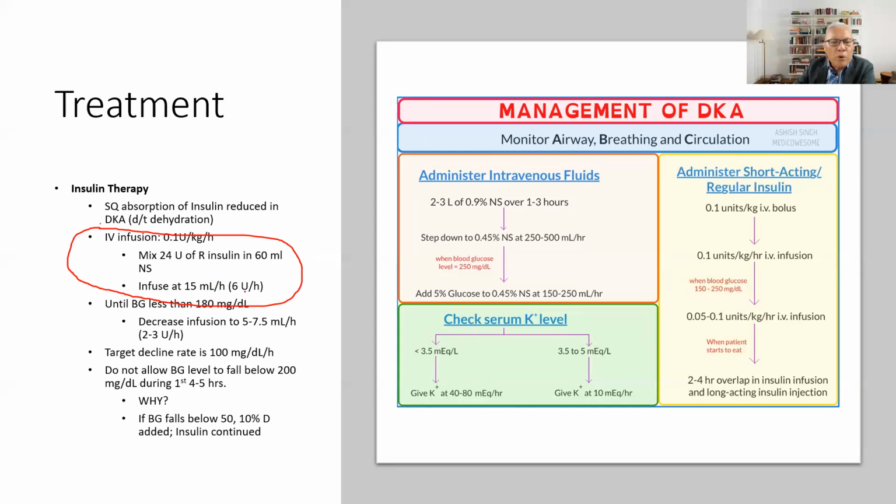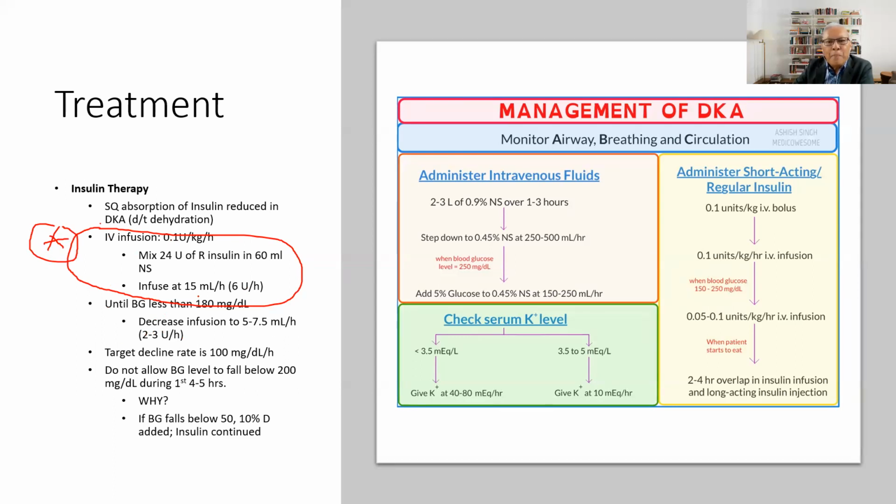Obviously, there are protocols that each hospital is going to follow, or each physician is going to order, and therefore this is just a general example of how we would administer the insulin drip.